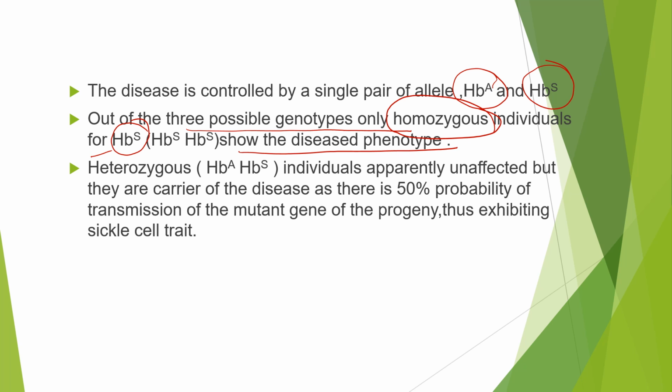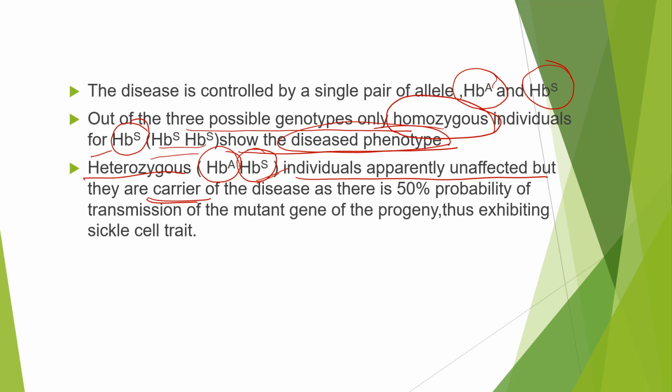If both are HBS and HBS, they will show the diseased phenotype, whereas heterozygous HBA and HBS individuals will apparently be unaffected, but they are carriers. This is what we spoke about in the previous slide with the Punnett square. Heterozygous individuals will be carriers but not affected, but the homozygous ones will have the diseased phenotype, right?